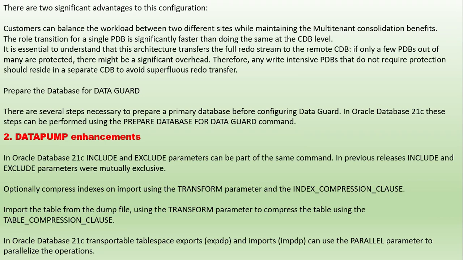There are two significant advantages to this configuration. Customers can balance the workload between two different sites while maintaining the multi-tenant consolidation benefits. The role transition for a single PDB is significantly faster than doing the same at the CDB level.